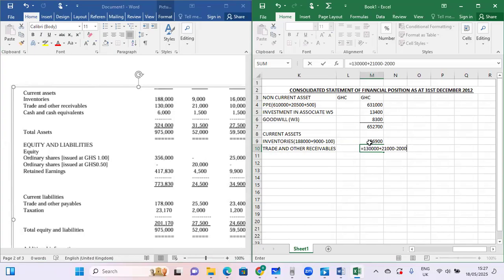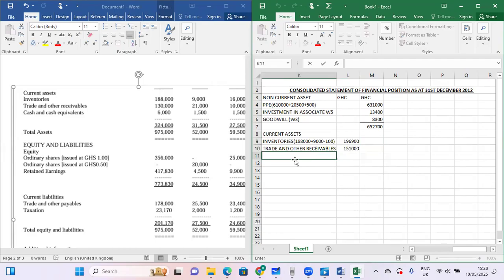If the associate was owing the parent 5,000, we take that one out here. But since there's nothing like that, leave it like this.